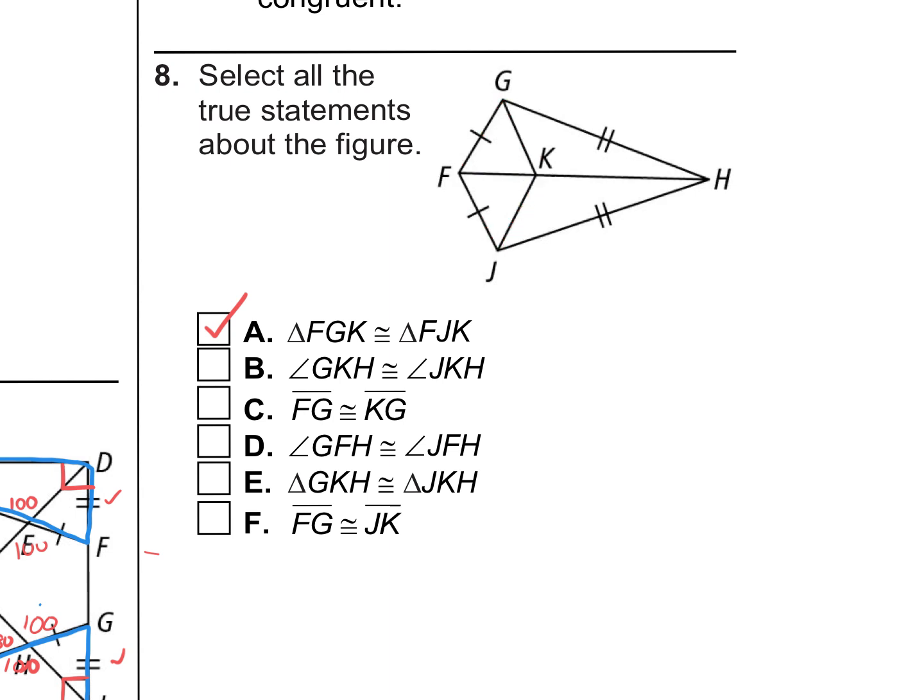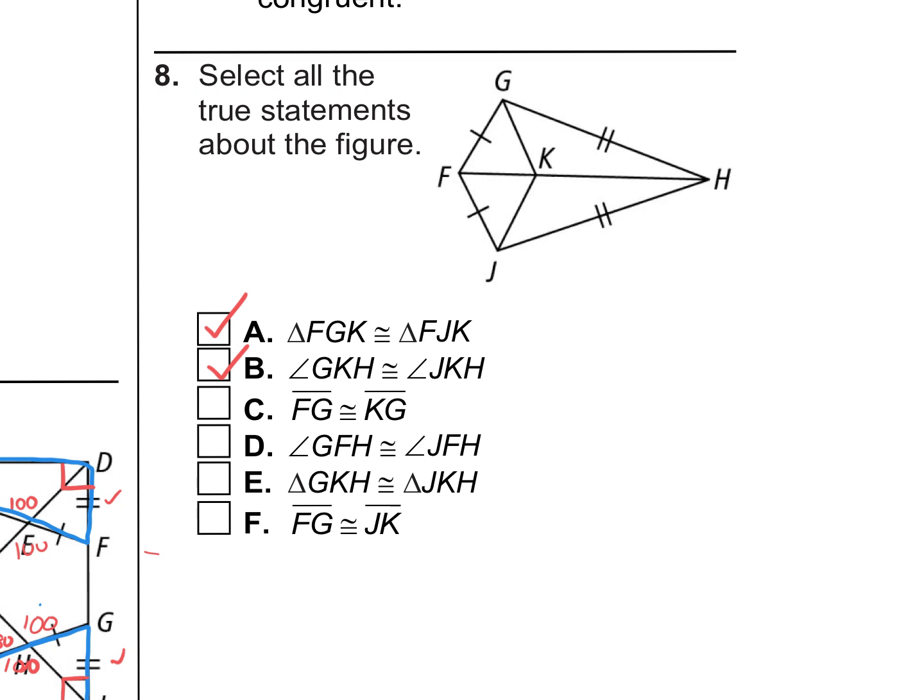The next one, GKH is congruent to JKH. Do you think that should be true? Yes. FG congruent to KG. Do you think that should be true? Why no on that one?